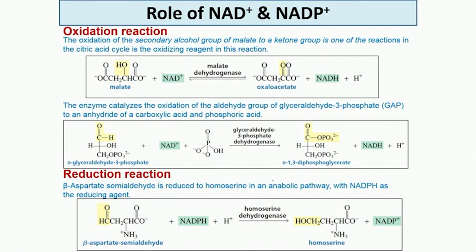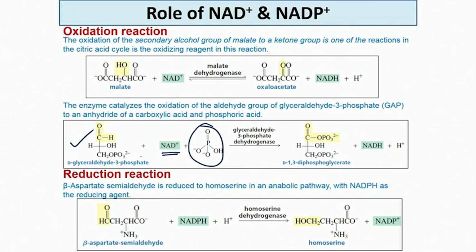One important reaction in the glycolytic cycle is this one, that D-glyceraldehyde 3-phosphate in presence of NAD plus and a phosphate goes to D-1,3-diphosphoglycerate. So, there is an oxidation, the aldehyde goes to the carboxylic acid, and that is converted into the phosphate. Okay.